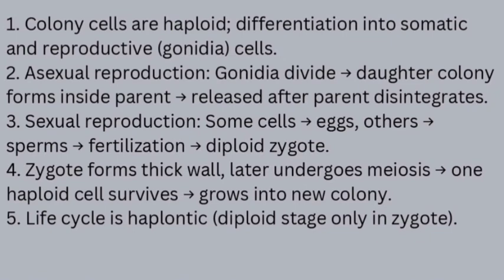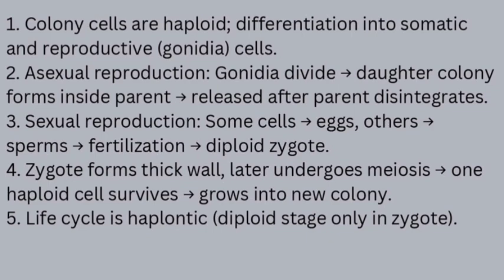Cells are haploid in nature, firstly, and they differentiate into somatic and reproductive cells, meaning gonidia. When asexual reproduction takes place, the gonidia divide and form daughter colonies inside the parent, and they get released from the parent when it disintegrates.